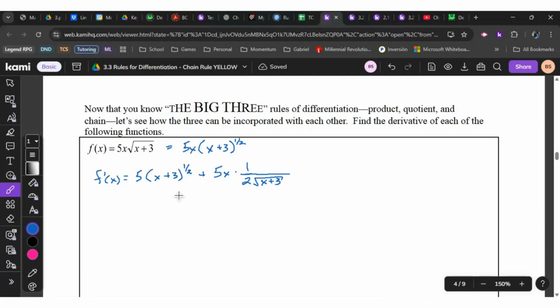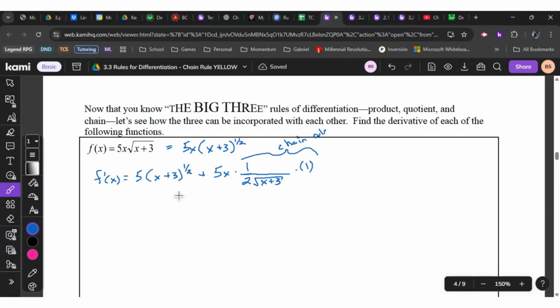Because it just makes my life easier. Now, I do need to multiply by the derivative of the inside here, which thankfully is pretty easy. What's the derivative of x plus 3? 1. So I technically multiply this by 1. Where this part here, that's the chain rule. And then the whole thing together is the product rule, right?